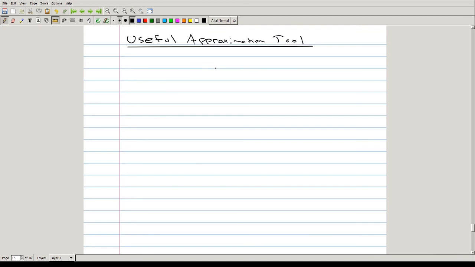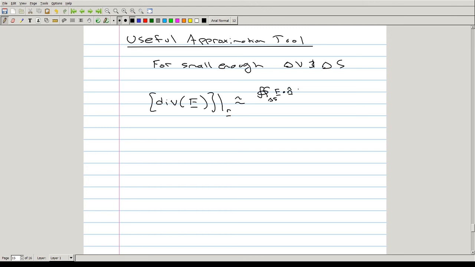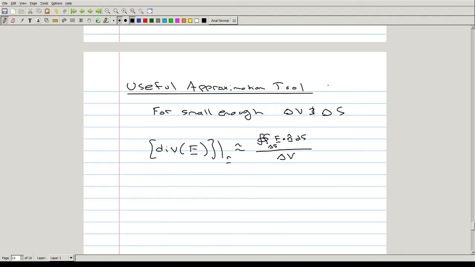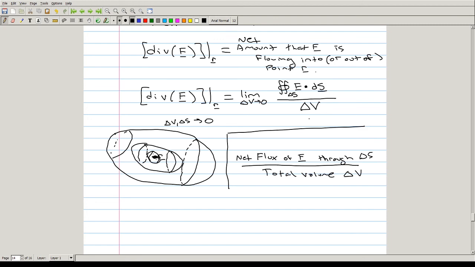For instance, for a given vector field, and for small enough delta V and delta S, the divergence of the vector field at some point R is approximately equal to the surface integral, or the flux, through delta S divided by the total volume, delta V. This only holds for small enough delta V and delta S, because it's exactly equal in the limit as these go to zero.